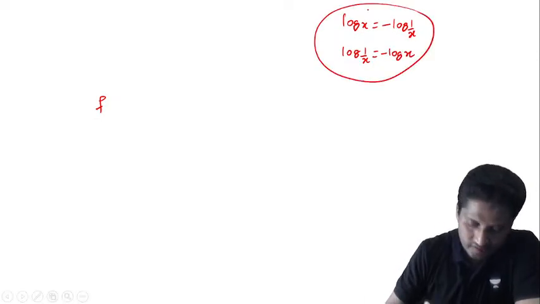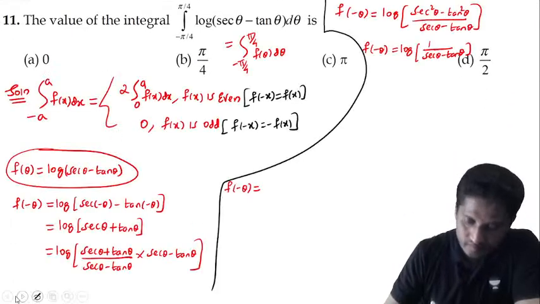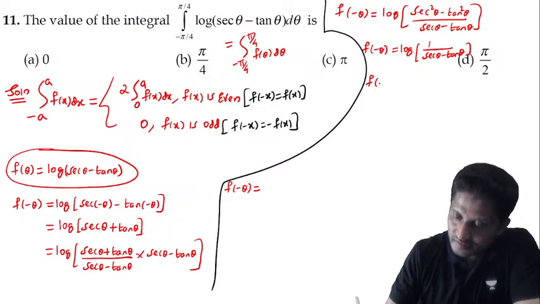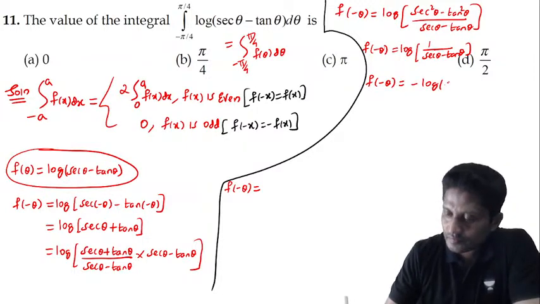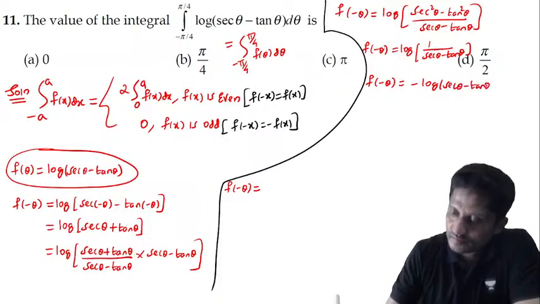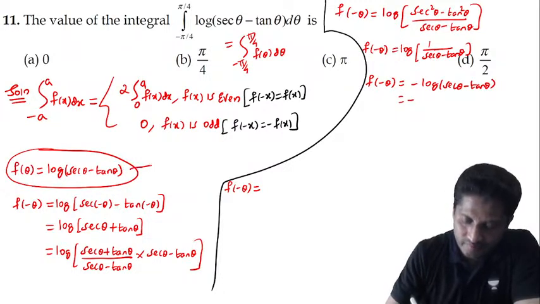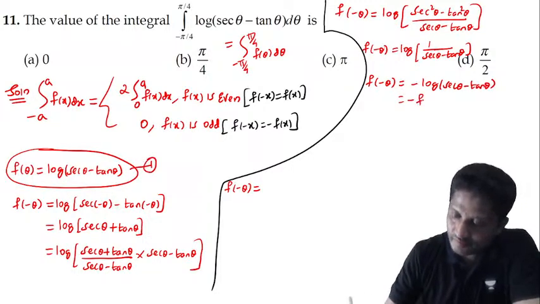If I use this logic, f of minus theta is equal to minus log of sec theta minus tan theta, which from equation 1 is equal to minus f of theta.